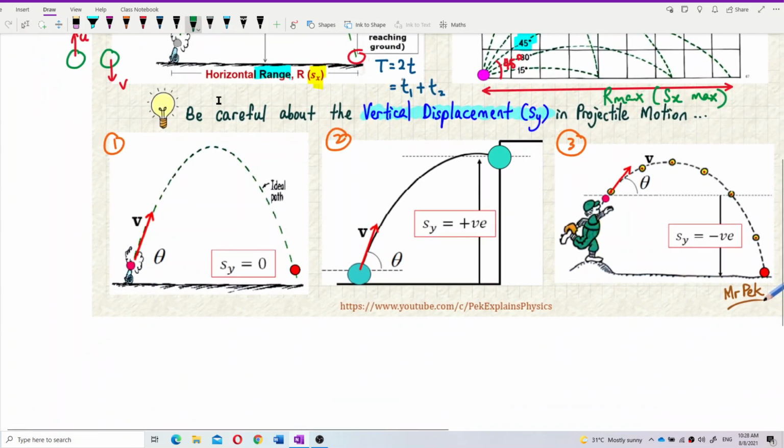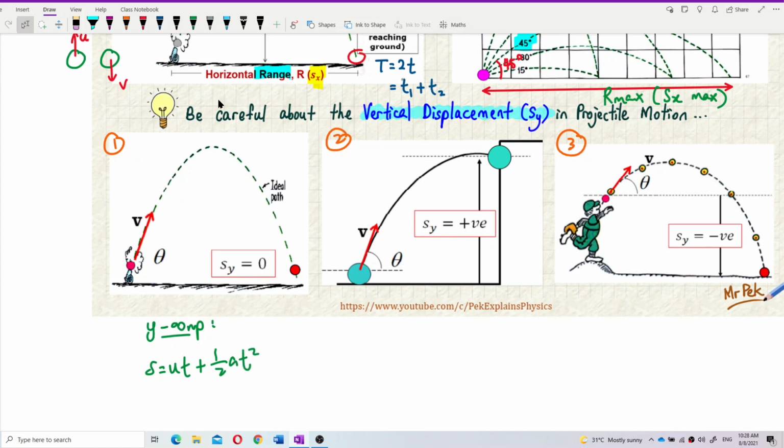How do we find the time of flight? For the y component, S equal to ut plus half at square. But because the acceleration in the y component is negative g, you substitute negative g and get negative half gt square.